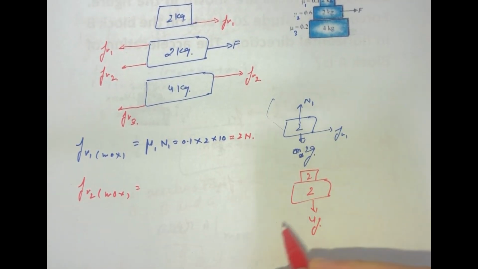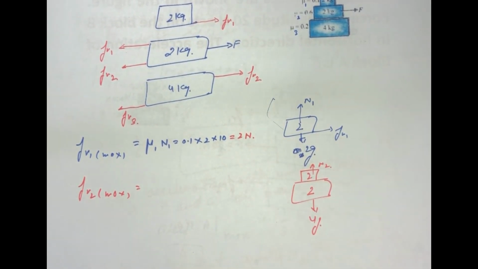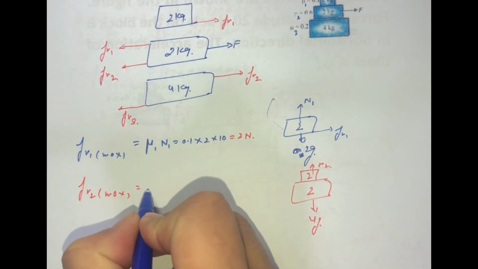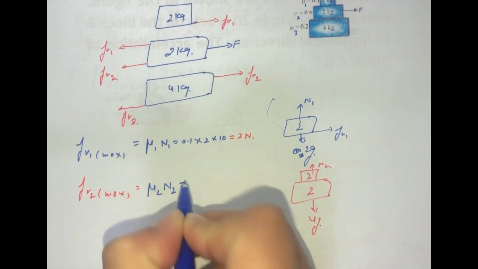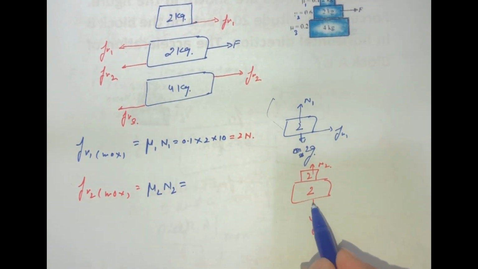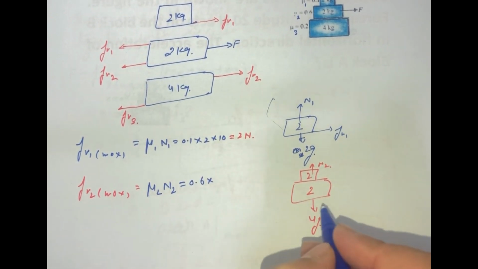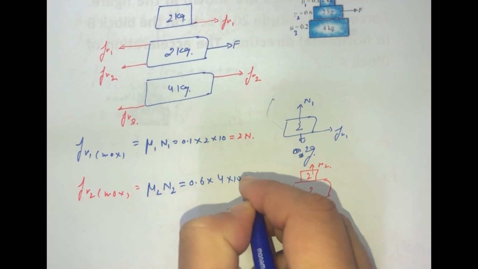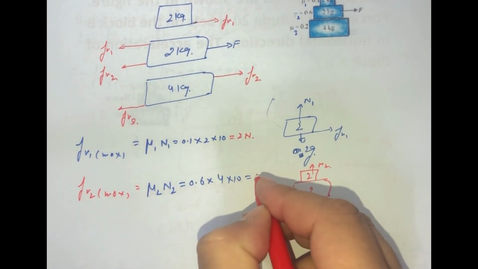Let us suppose there is a normal n2 acting on it, so we can say that Fr2 max will be mu2 into n2, which is equal to 0.6, as mu2 is given, into 2 plus 2, 4, into 10, so we are going to get this as 24 Newton.